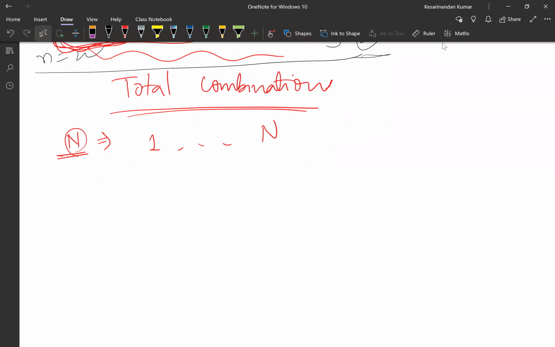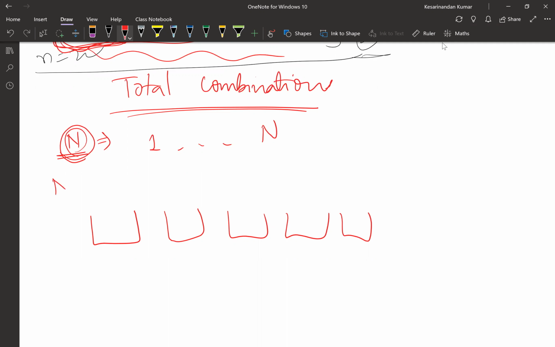Okay, let's see. Let's say box is here. Okay, back again. First time out of n, I chose, let's say, just one, right? And each combination has to be unique. Or no, don't take this one. This would confuse.